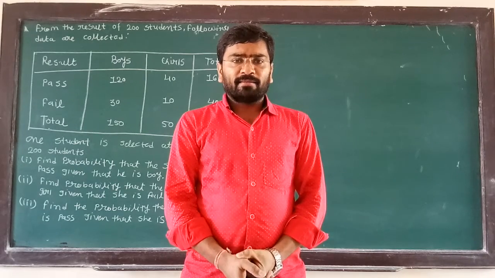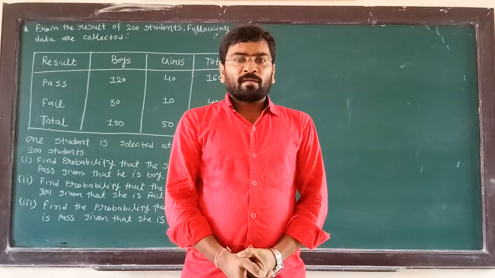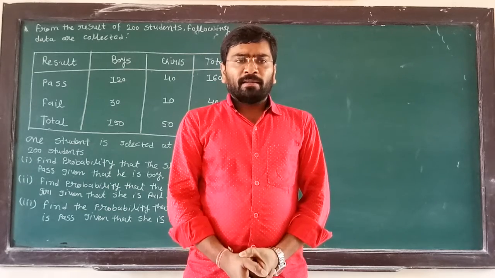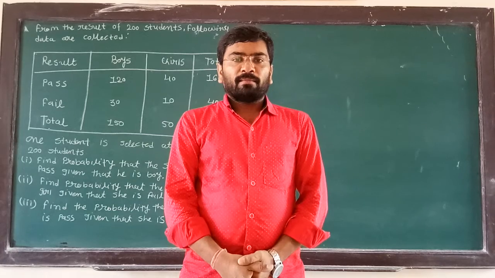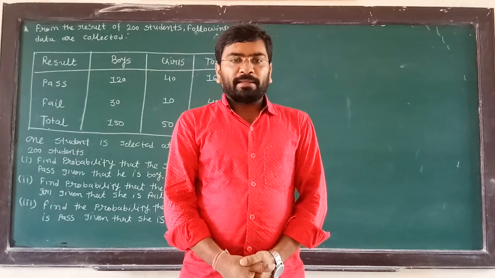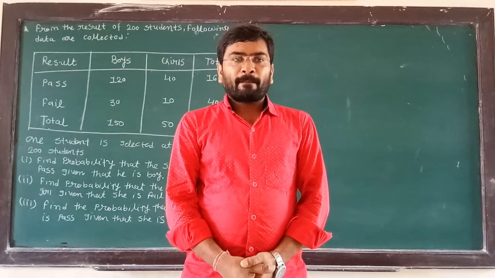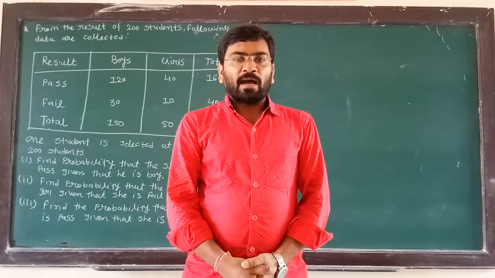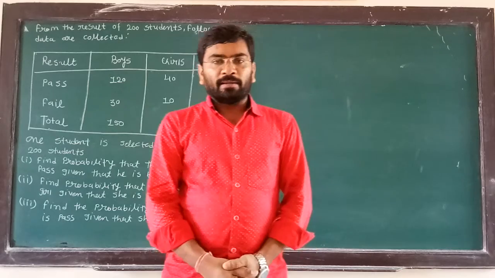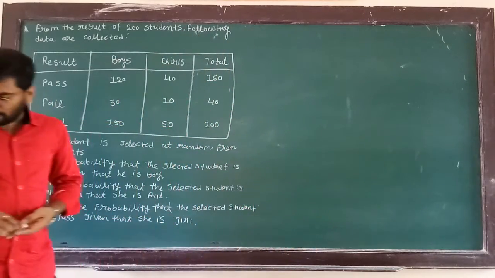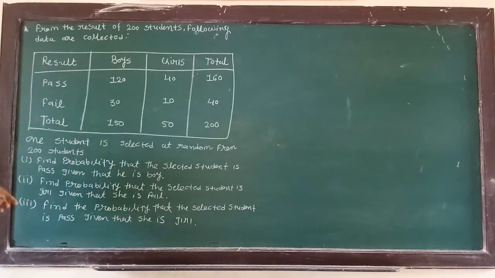In this lecture, we are also studying conditional probability, but in these questions a table, or you may say one set of data, is given, and out of that we find the conditional probability. So let's explain the questions.